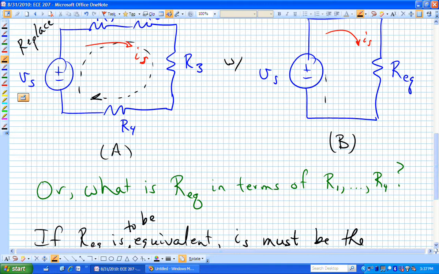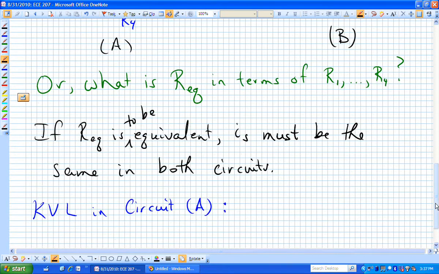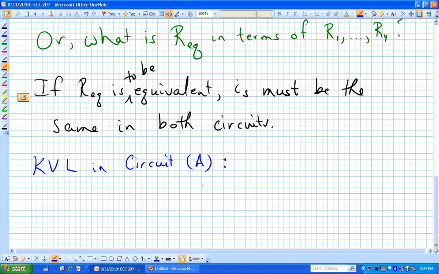Similarly over here, when we get to circuit B. In circuit A, if we call that mesh 1, we could say we're going into the negative terminal of our voltage source. That's minus V sub s.